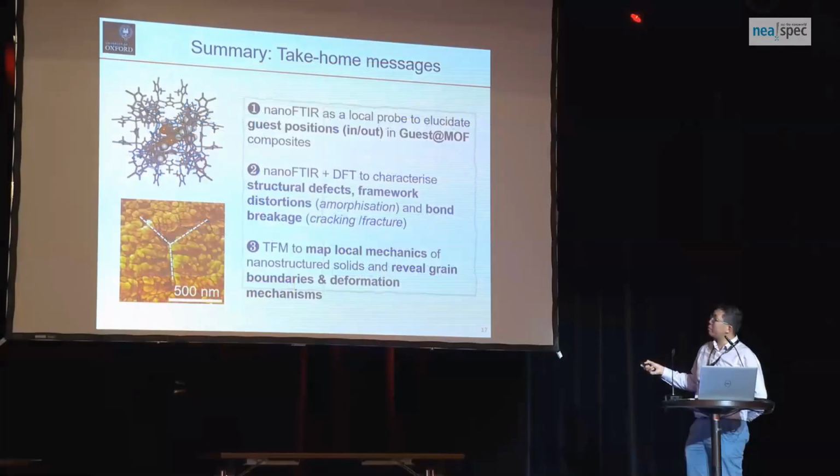This elucidated the mechanisms and also some of the structural changes or vibrational modes which you cannot get just from experiments alone. And thirdly, I think this is quite underused at the moment. TFM is a wonderful technique, but there are still challenges to get quantitative information out of it. Really nice to do mechanics and also just to understand or look at grain boundary effects.